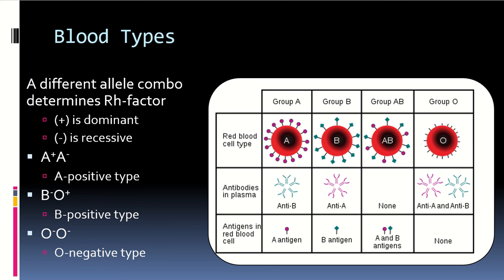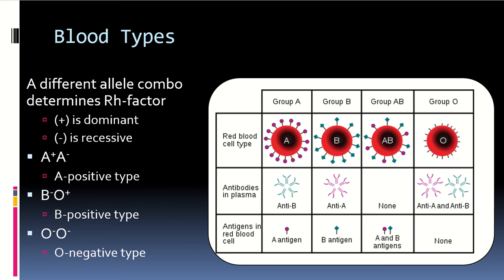Now, there is one other way to differentiate blood, and that's the Rhesus factor, where something can be Rh positive or Rh negative. There are many different types of Rh factors, but the one that is specifically talked about is RhD.